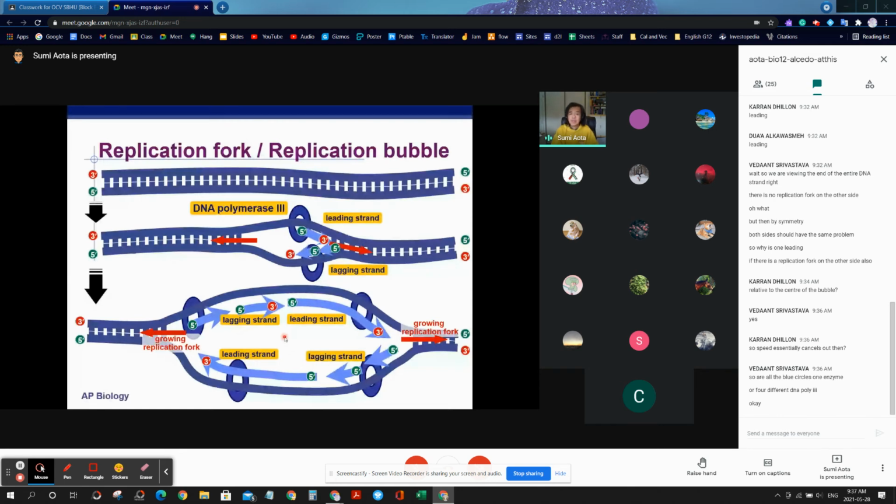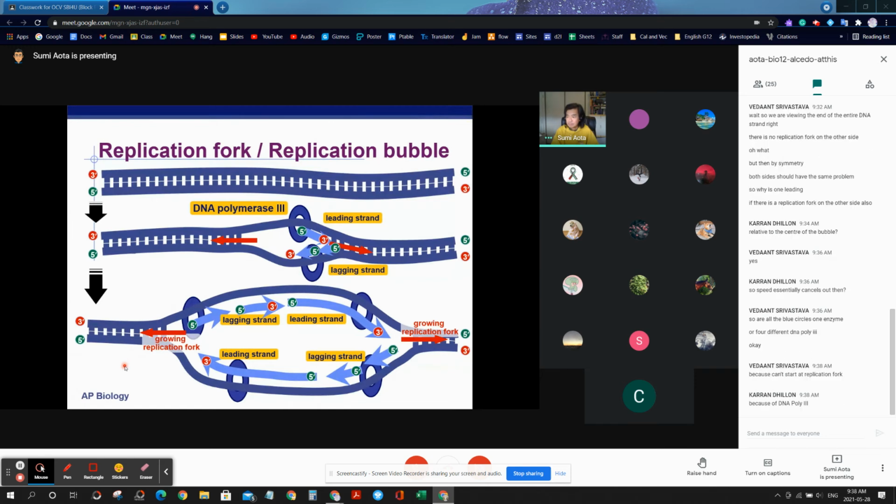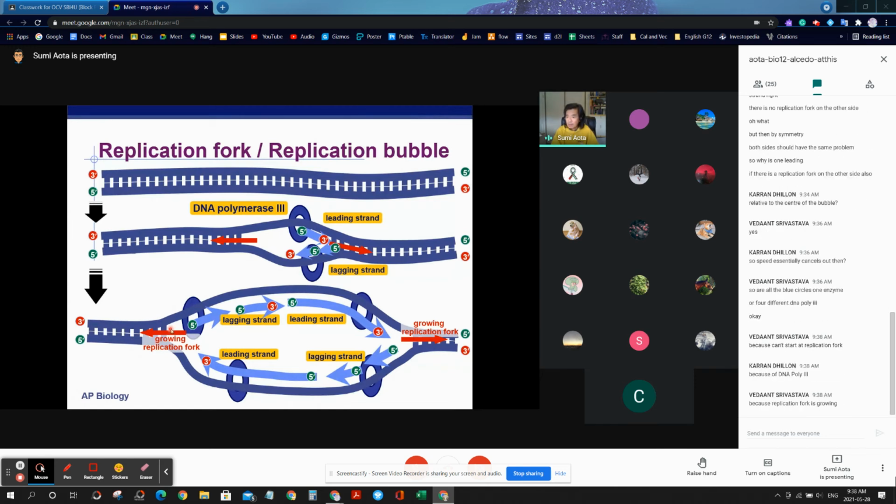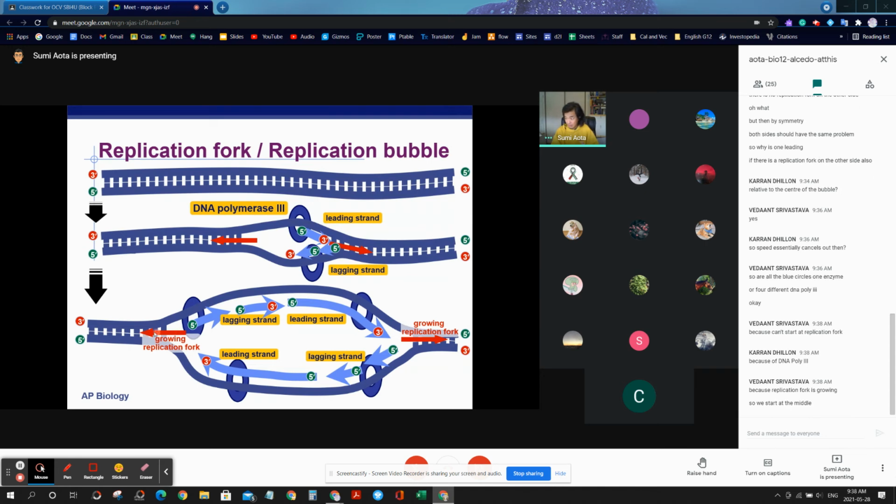Okay, can someone explain to me why we have a lagging strand? Why does one side always have to be built in pieces? Right, but why? Because this is growing, right?